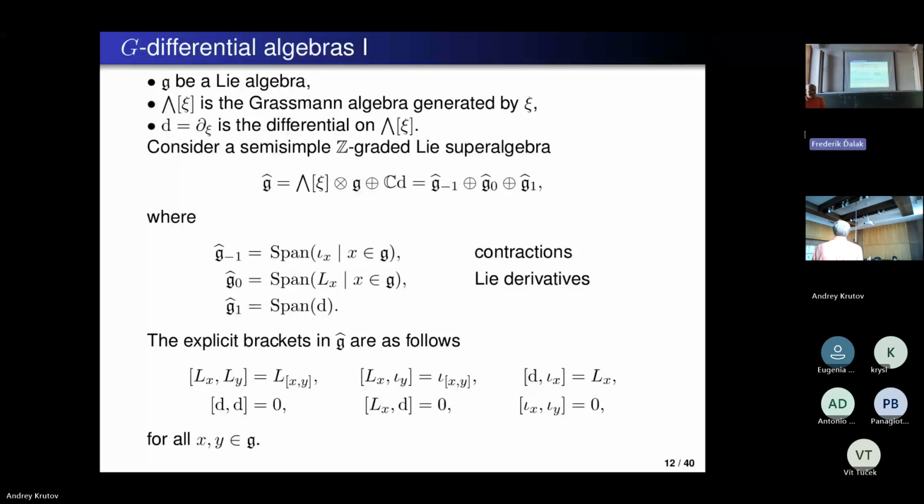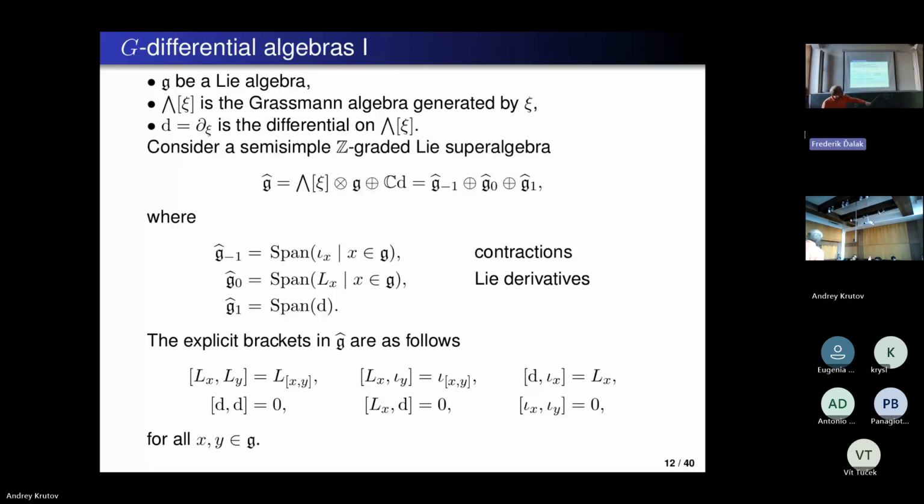That's extended by derivation. And I actually defined it on the generator, right? It's a very simple algebra. But again, Grassmann algebras are free commutative algebras, so you can define derivations on generators and then extend.